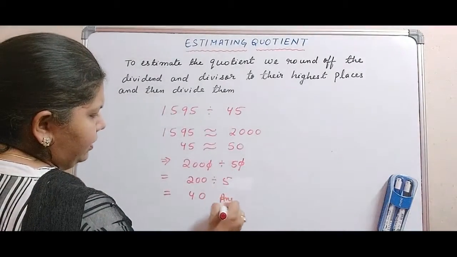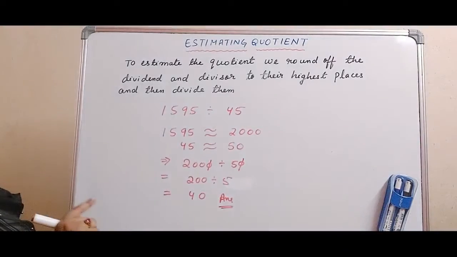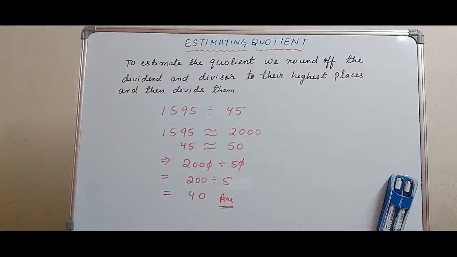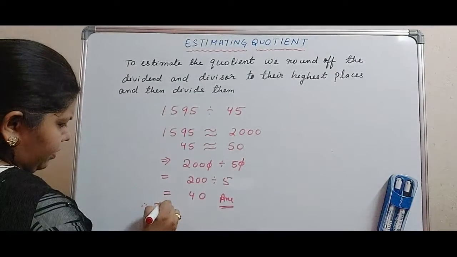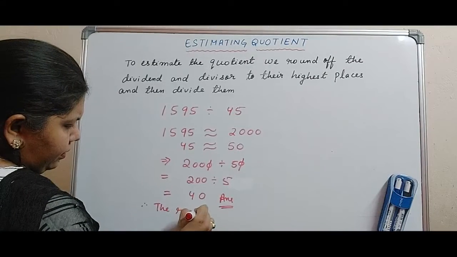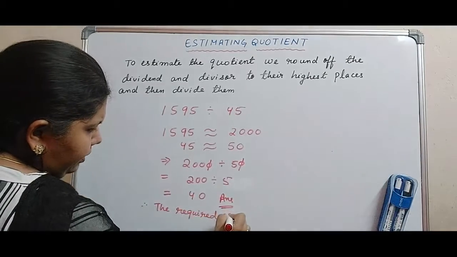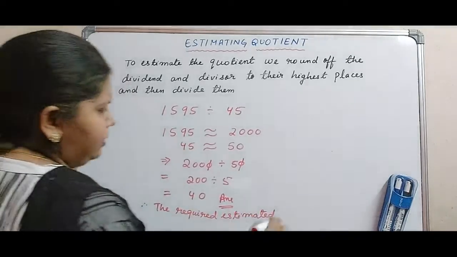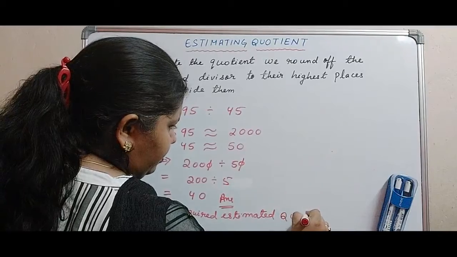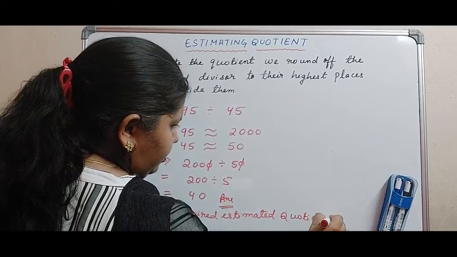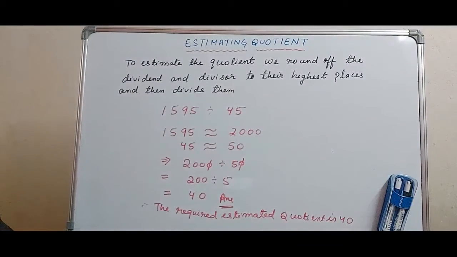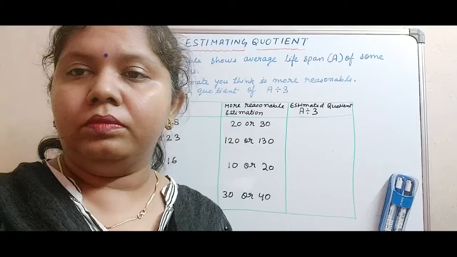This 40 is nothing but the estimated quotient. Therefore, the required estimated quotient is 40. Okay, so in this way we do these kinds of questions.